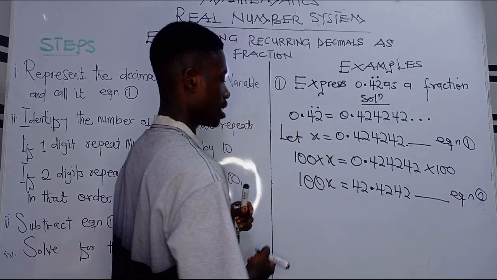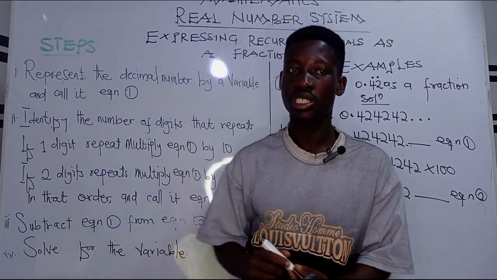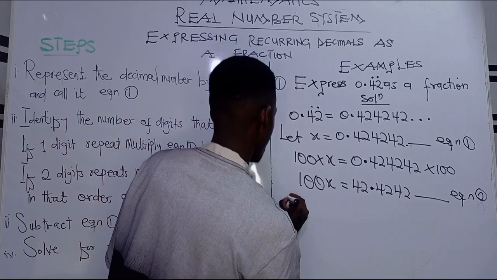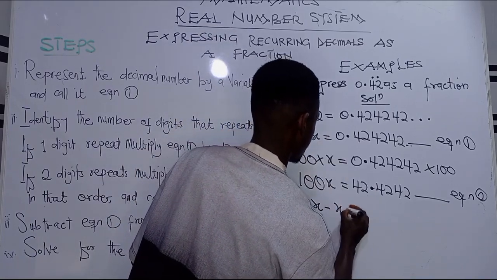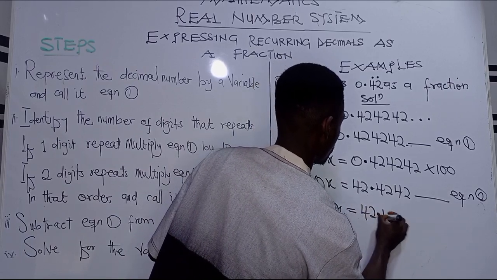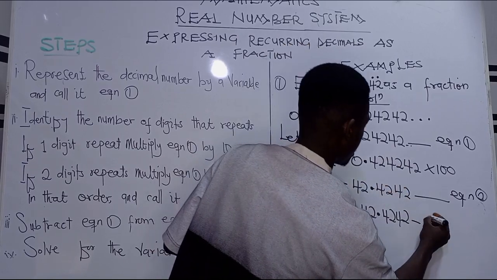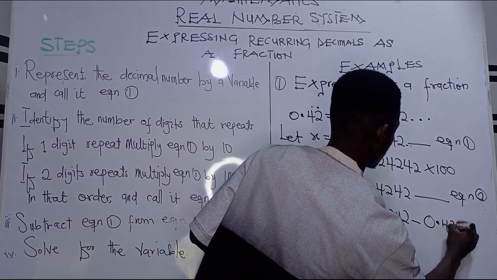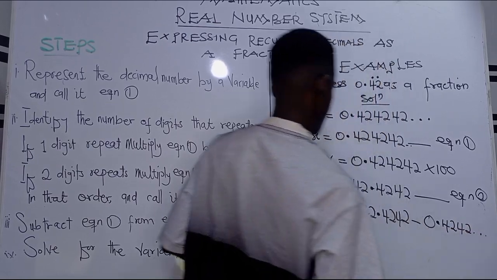And then we call it equation 2. Then after that, we subtract equation 1 from equation 2. So we have 100x minus x is equal to 42.4242 minus 0.4242. All of them last to infinity.